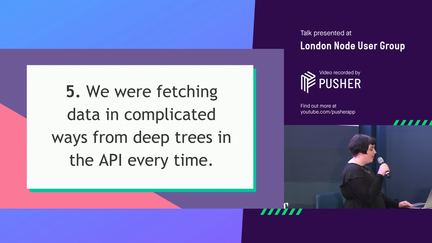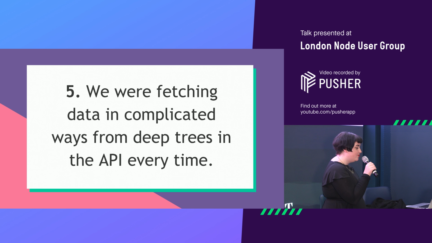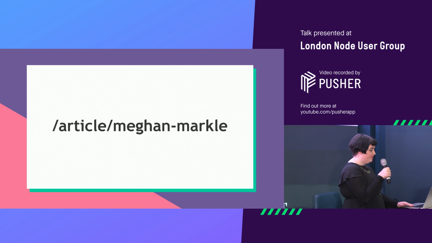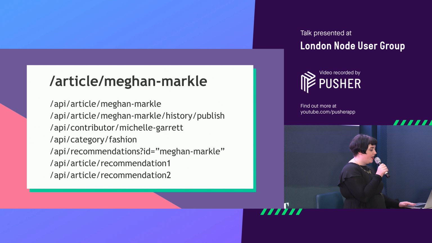Problem number 5. We were fetching data in complicated ways from deep trees in the API every time we needed to use it in our main application. So if we wanted to render an article about Meghan Markle, here are the requests that we would make in our main application. There would be a request to get the Meghan Markle article, then the publish history for that article to get the pub date that the analytics required.